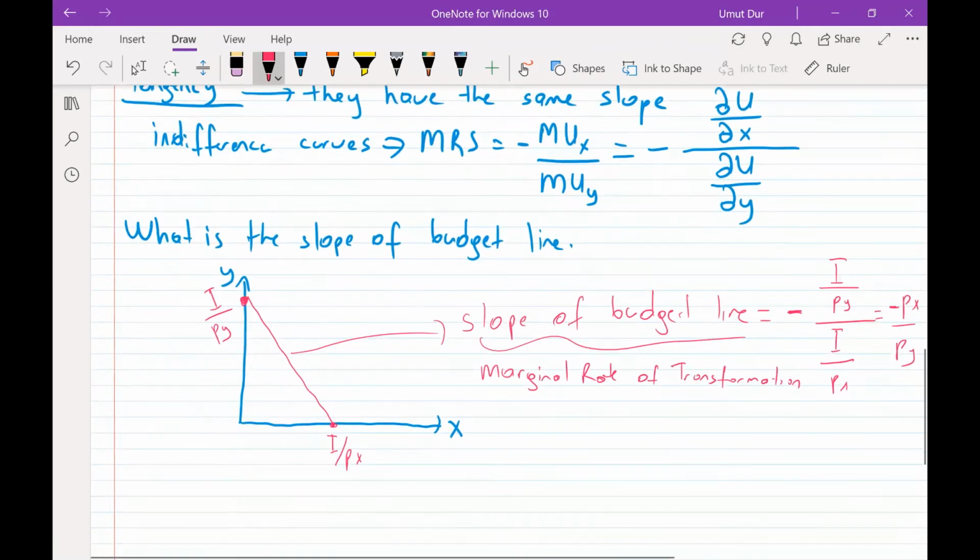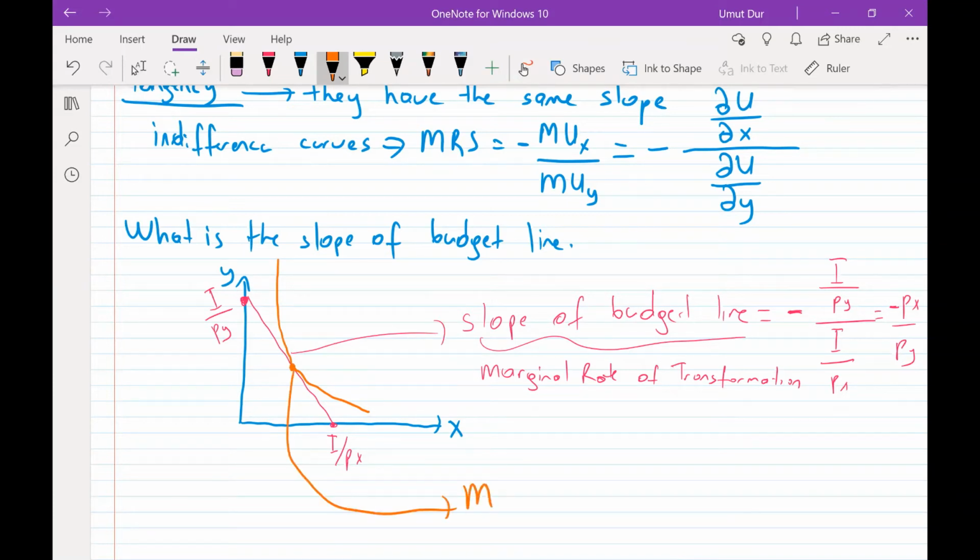Then at this optimum point, the uppermost indifference curve that is intersecting with the budget line, which is tangent, MRS is equal to the ratio of the prices.